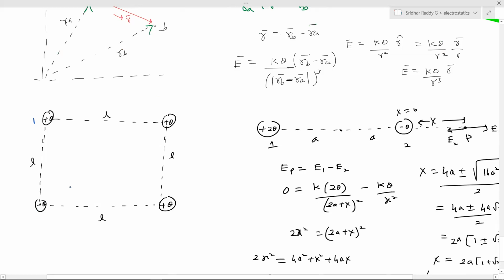Let these be 1, 2, 3, and 4. Because they are like charges, there will be F12, F41, F14. Then 1 and 3 will also interact; this will be F13.